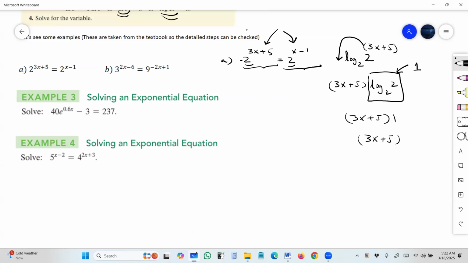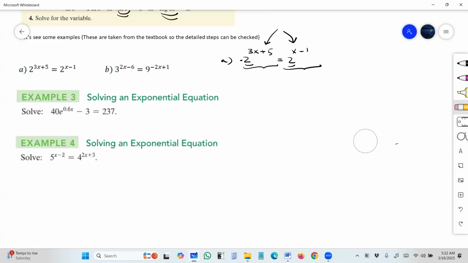Okay? So because of this, when the equation has the same base, what we tell the students to do is just cancel the base. So you end up with, this is only possible if the bases are the same, 3x plus 5 equals x minus 1.